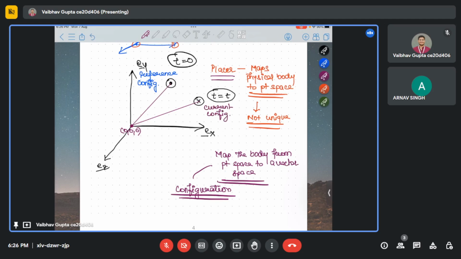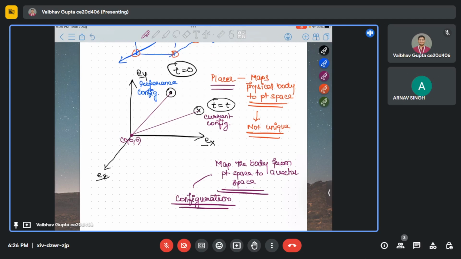When we map the reference configuration body to a vector space, we denote it by vector capital X. And when we map the body from the current configuration from point space to vector space, we denote it as small x.